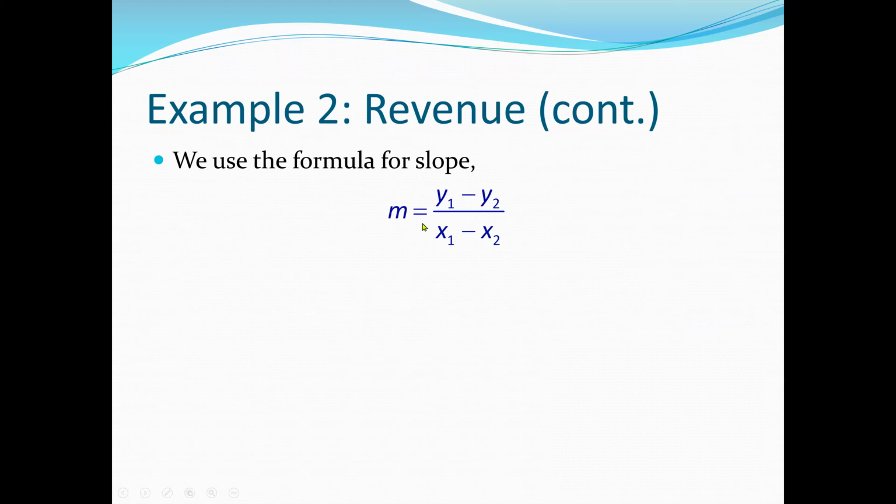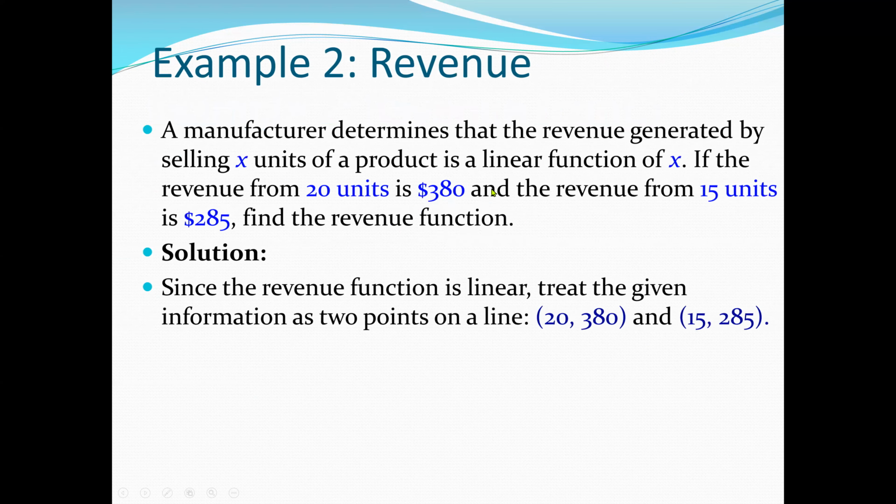And here we know m equals y1 minus y2 over x1 minus x2. So based on the question, you can see that the number of units will be the x-axis and the amount will be y. So we can have 380 minus 285 divided by 20 minus 15, or 285 minus 380 divided by 15 minus 20.